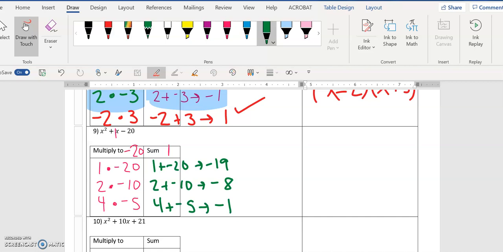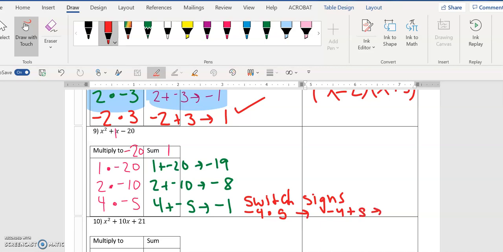Okay, 4 and -5 make a -1, so I'm going to try switching the signs. -4 times a +5 is -20, and -4 plus 5 has a sum of 1. So -4 and 5 are our factors.